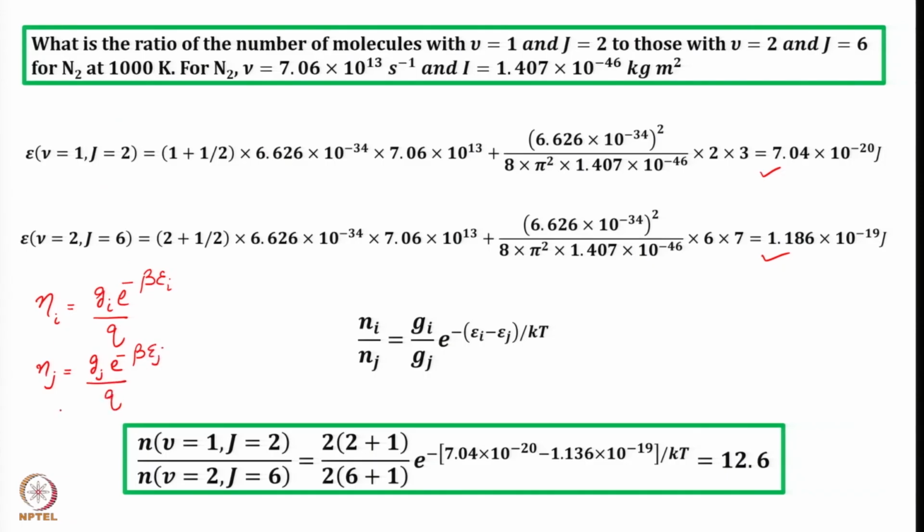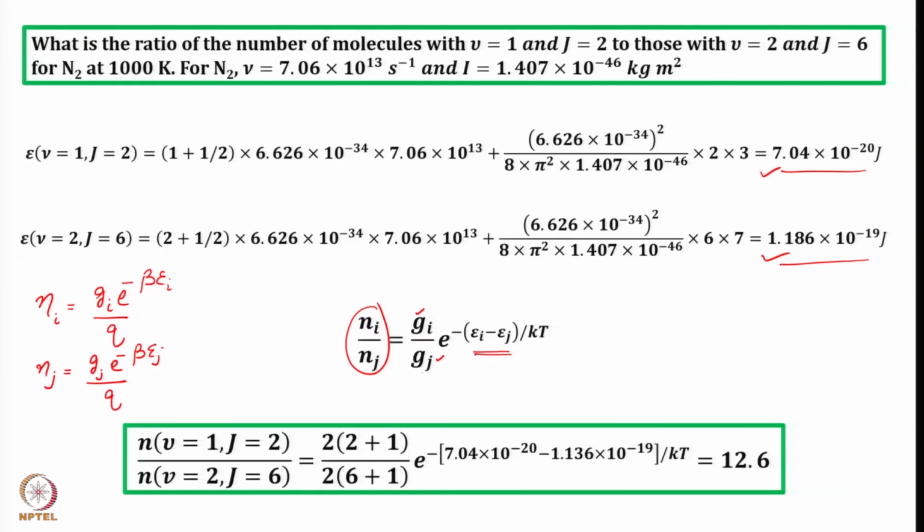When you take the ratio N_i upon N_j, you get g_i upon g_j into exponential minus (E_i minus E_j) by kT. We have to calculate N_i upon N_j. That means we need information on g_i and g_j. This difference E_i minus E_j is the difference between 7.04 into 10 raised to the power minus 20 and 1.186 into 10 raised to the power minus 19.